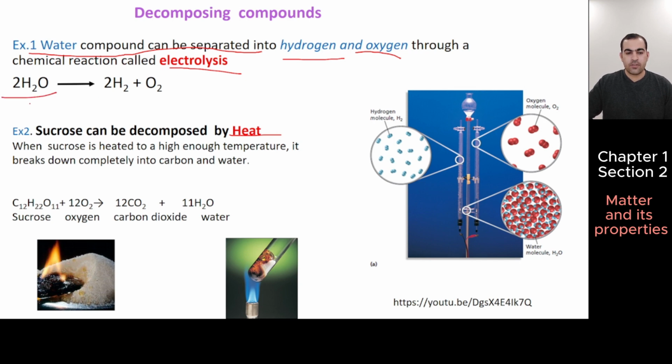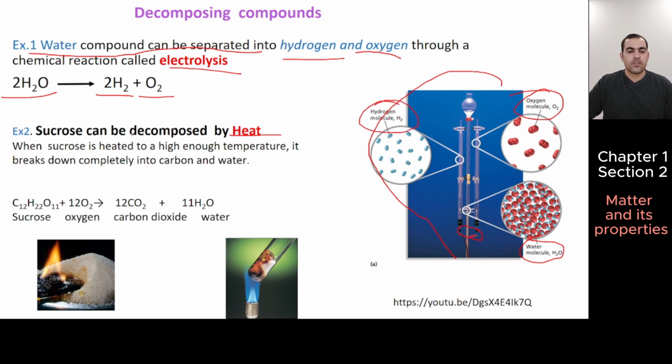By electrolysis, the H2O compound can be decomposed into hydrogen and oxygen gas. Look here, this is an example. You pass the current through the water. This is a water molecule, H2O, but when the current passes through the water, it is decomposed into oxygen and hydrogen gas.